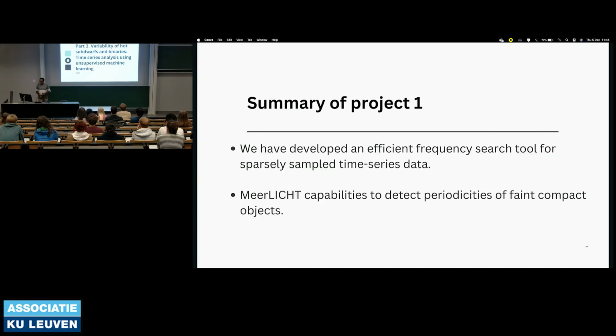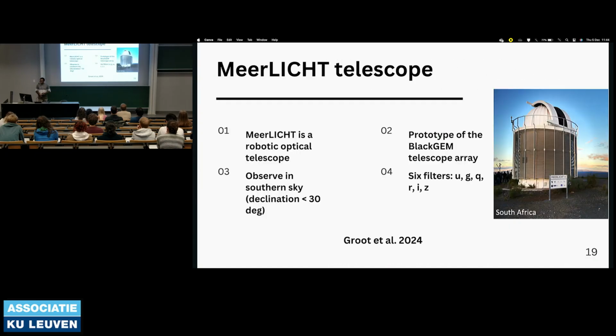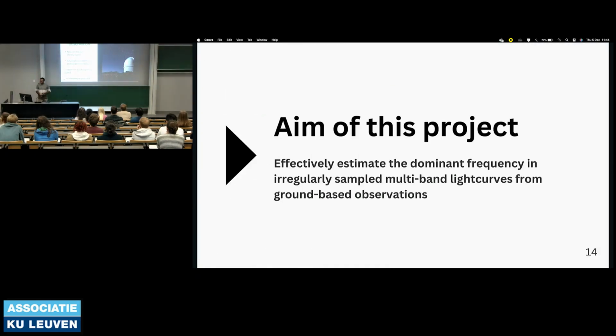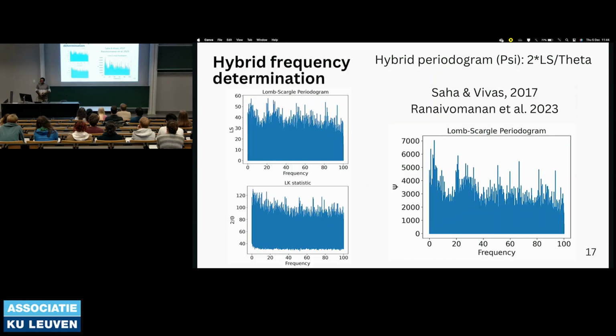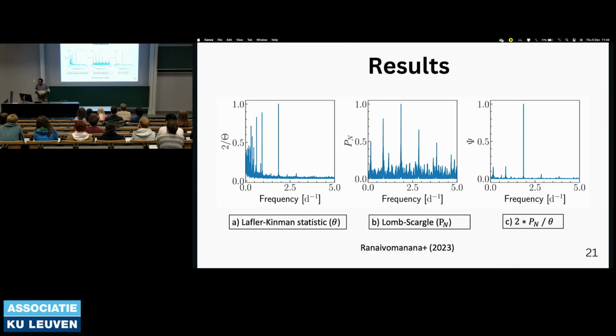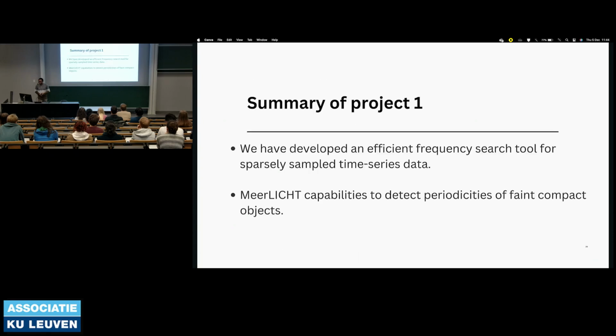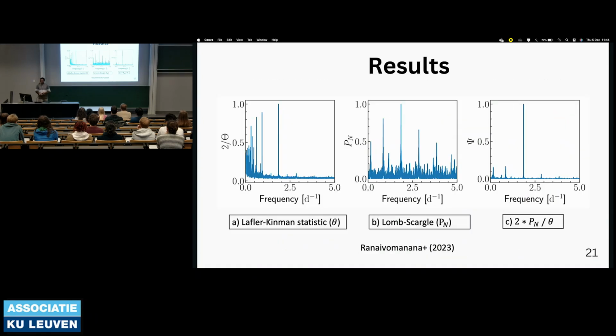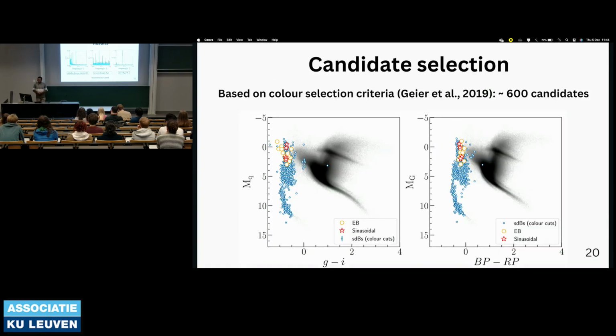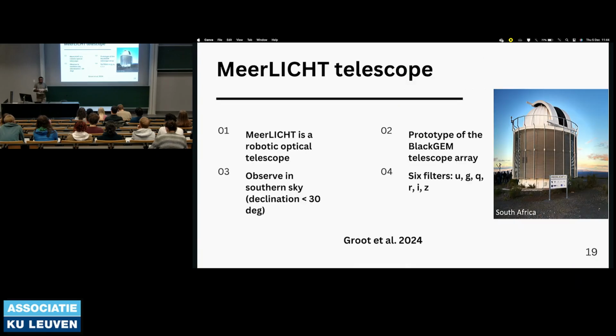I think I have an example of light curves somewhere, but for some reason it's not included here. I plan to show you some examples of the sparsely sampled light curves.